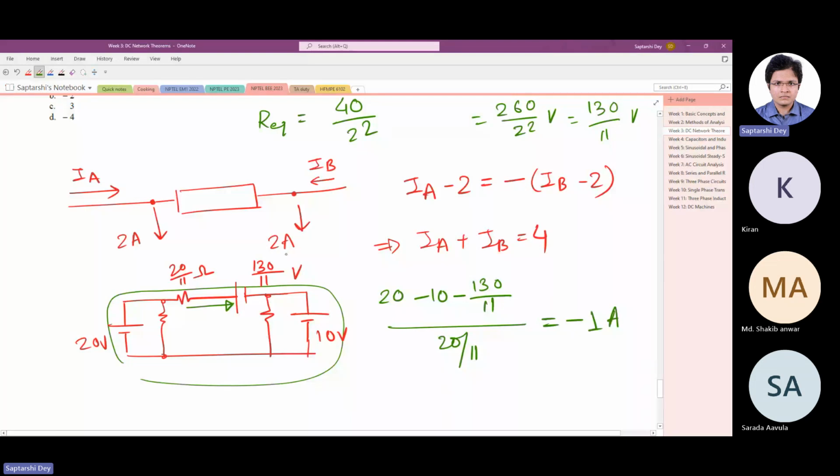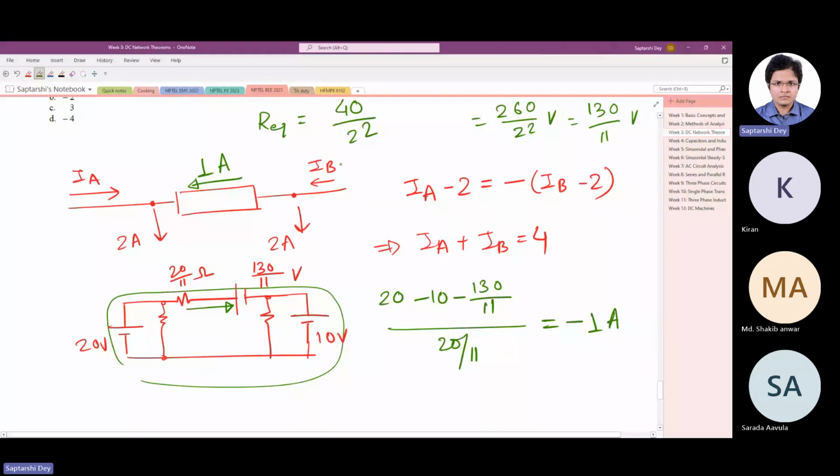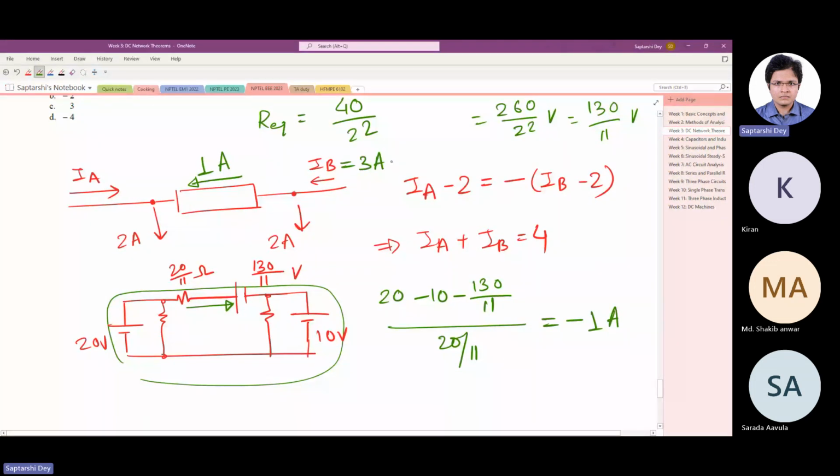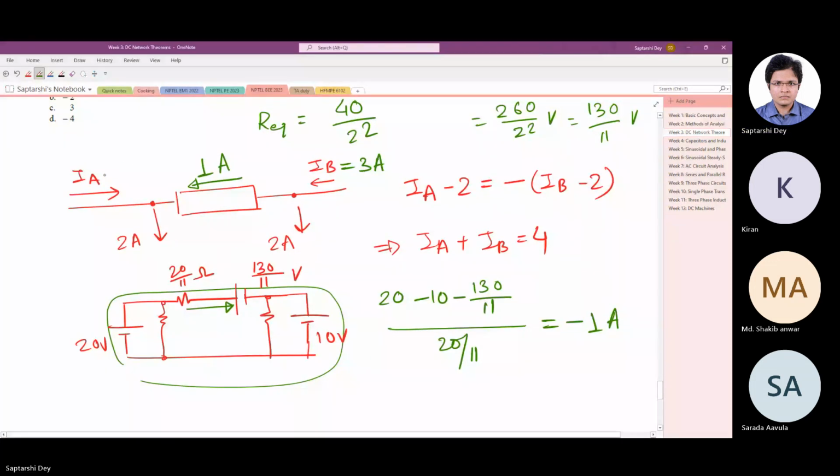So basically what we have is, in this case, 1 ampere is going in this direction. So IB must be 3 ampere and IA must be 1 ampere.